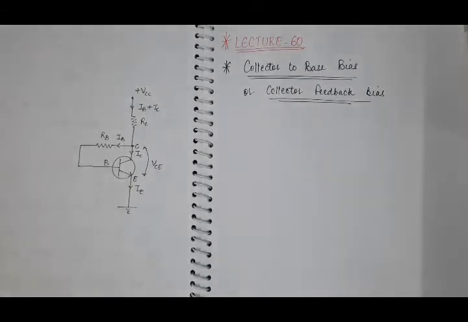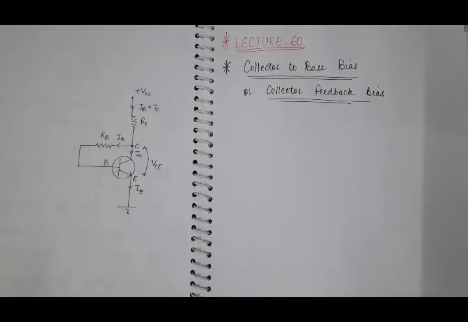In the previous cases, the biasing of the base was done by plus VCC, but here the biasing of the base, or the voltage across RB, will be because of the voltage across the collector terminal, because between this RB and plus VCC, there is collector resistor RC.